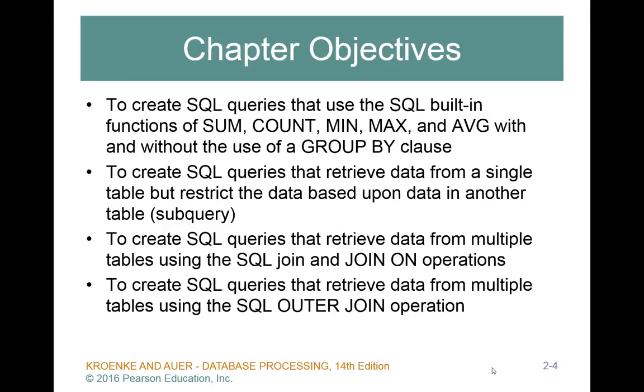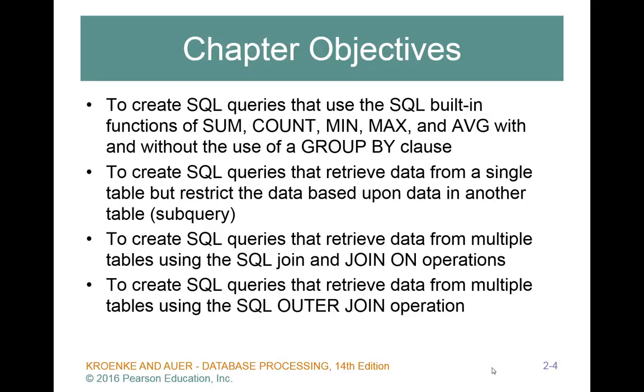and max. But as we move on to what's considered advanced SQL, we'll be retrieving data from multiple tables. When we get into retrieving data from multiple tables, we'll get into the concept of using joins or join on operations and inner and outer joins.